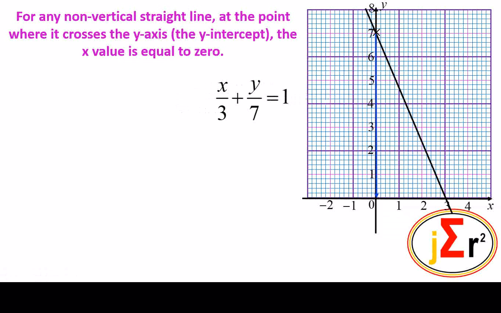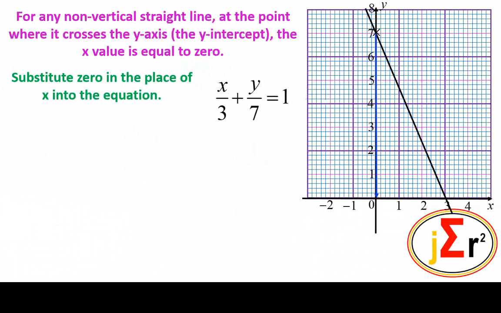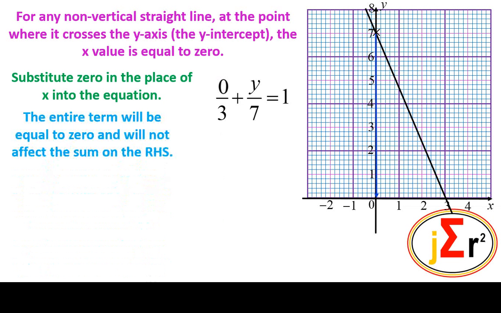So we may take the same equation of the line that is given to us and substitute the value of 0 for x. X is replaced with 0 because at the point where the line crosses the y-axis, the value of x is equal to 0.